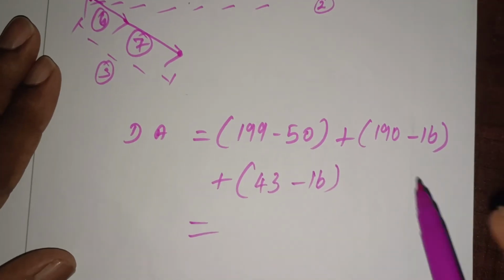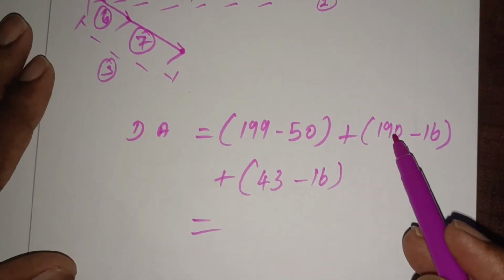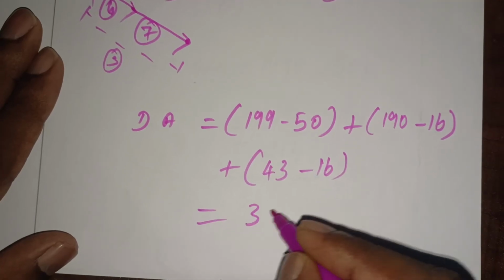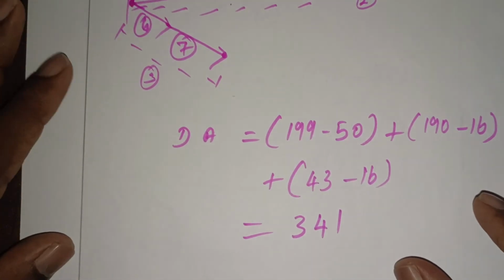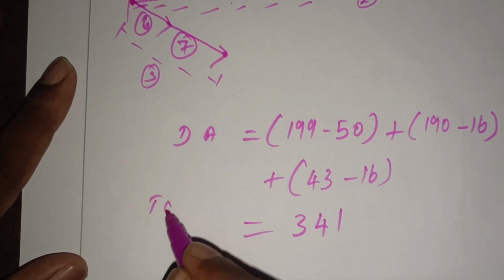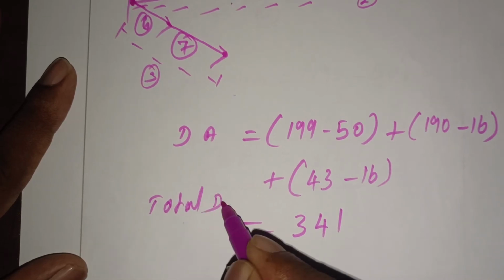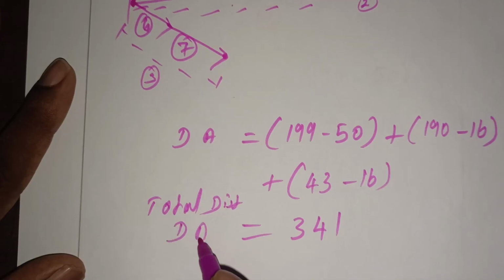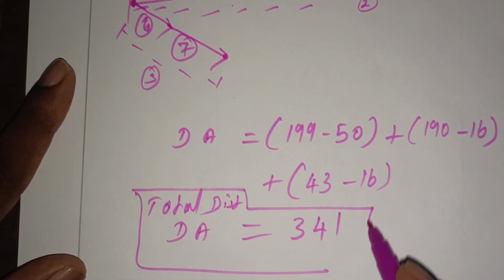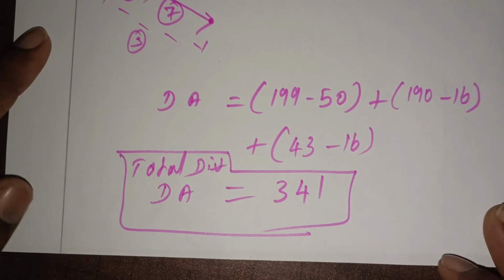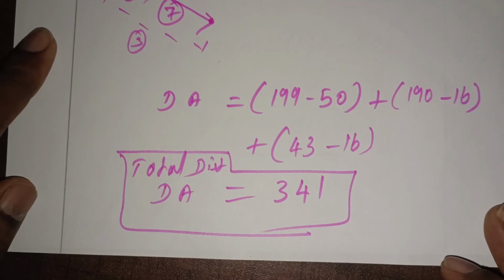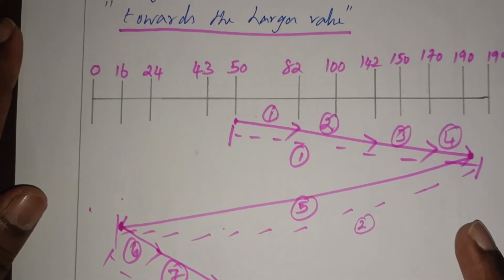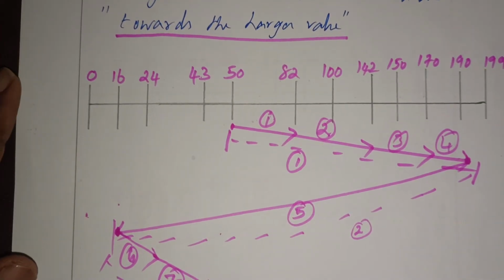So that gives 149, plus 183, plus 27, and the total distance covered by the disk arm is 341.